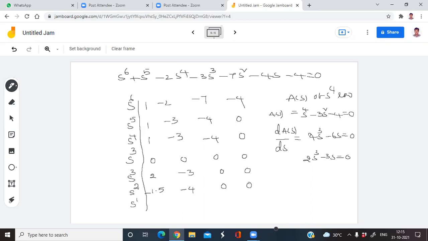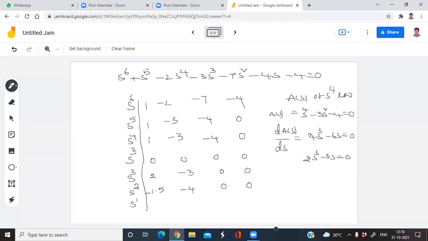Finally divide by minus 1.5: minus 1.5 into minus 3, minus of 2 into minus 4, divided by minus 1.5. Tell me the final value. Minus 8.33. Right.